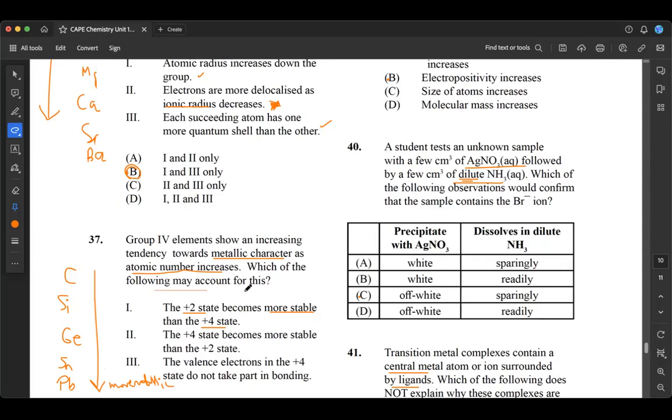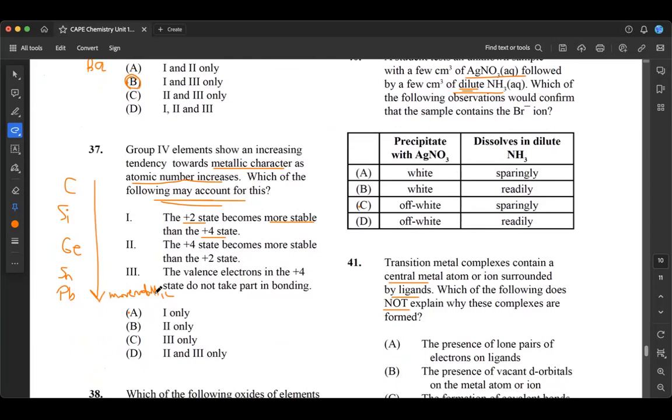Why might that be the case? What might account for that as the atomic number increases? Well, as you go down the group, remember we said that, let's look at the first one. The +2 state becomes more stable than the +4 state. So the +4 state is going to be our dioxides.